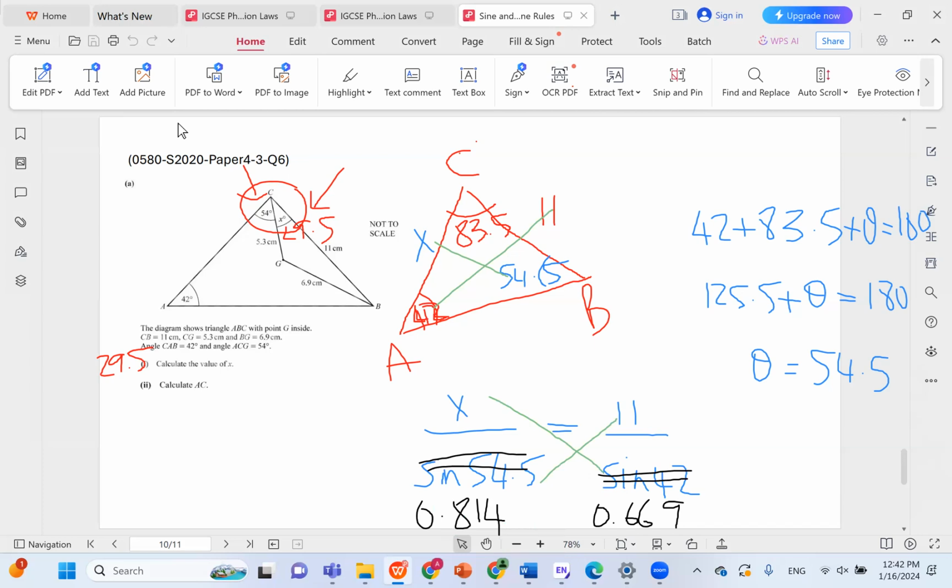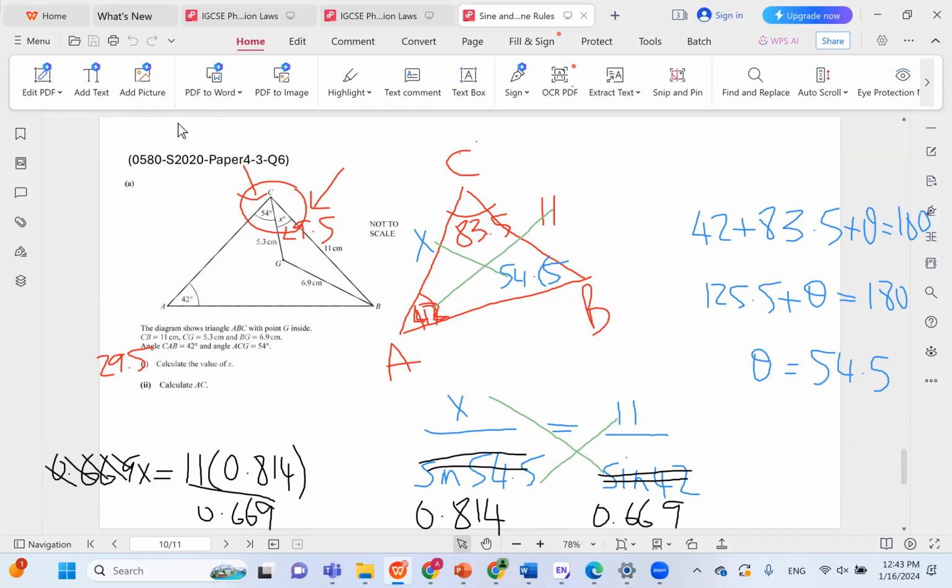So now we can cross multiply. We get 0.669x equals 11 times 0.814. We can divide by 0.669 here in order to get the value of x.